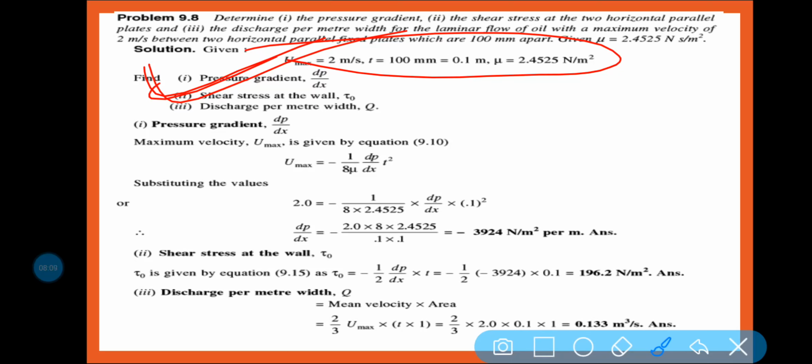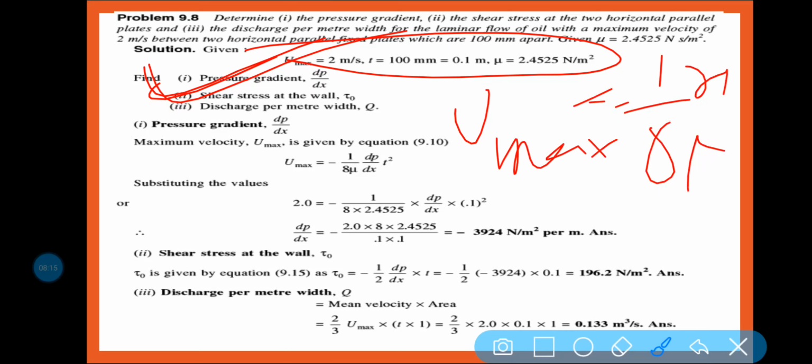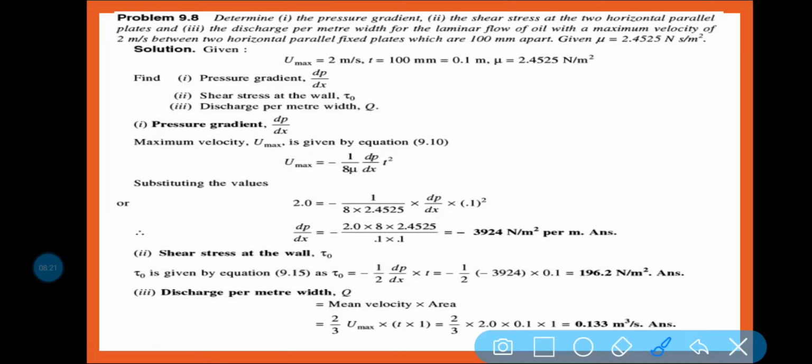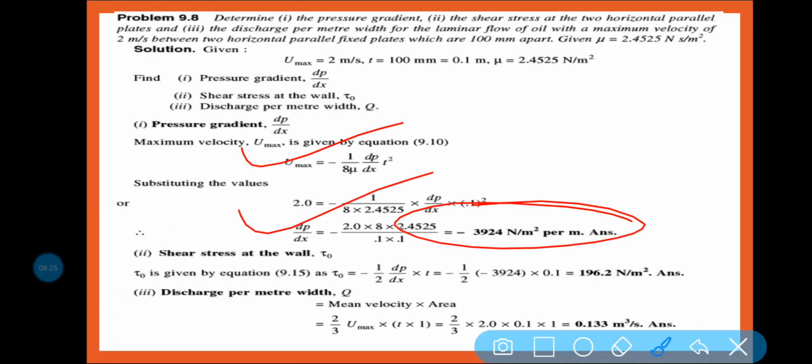Pressure gradient, now again the same formula I have discussed earlier, minus 1 by 8 mu dp by dx into t square. So put the value, only the unknown is your dp by dx, this is the answer, 3924 Newton per meter square per meter.